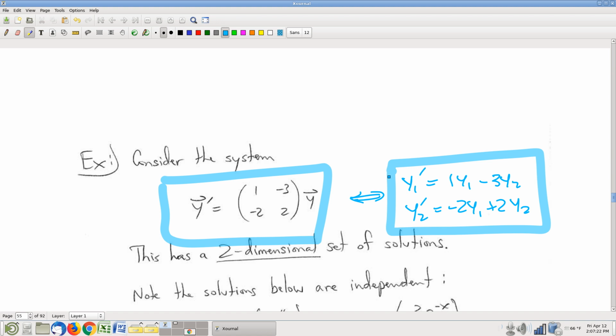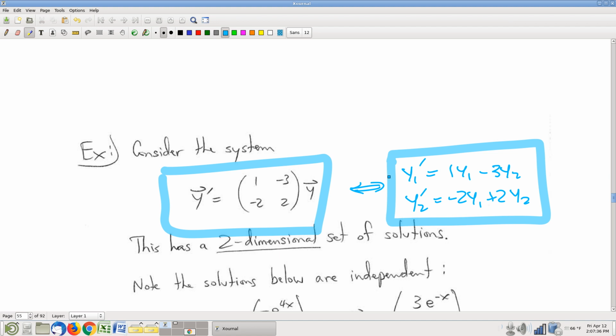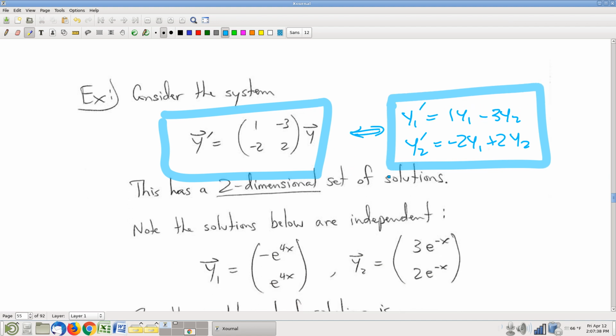Again, I'm going to pull a couple of solutions out of thin air. I'm not going to show you how I got them yet. Of course, obviously, we'll get to that very soon. For the moment, though, let's not worry about where these solutions come from. Let me just, abracadabra. This is a solution to that differential equation.